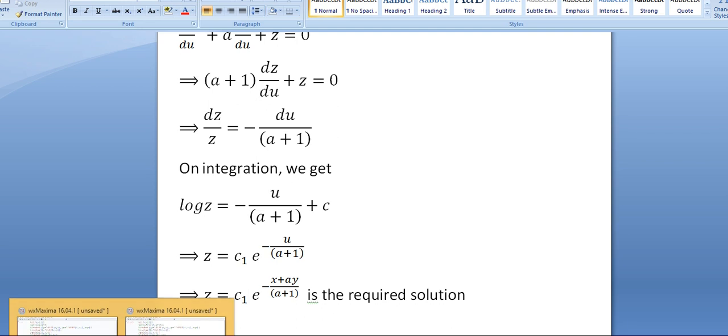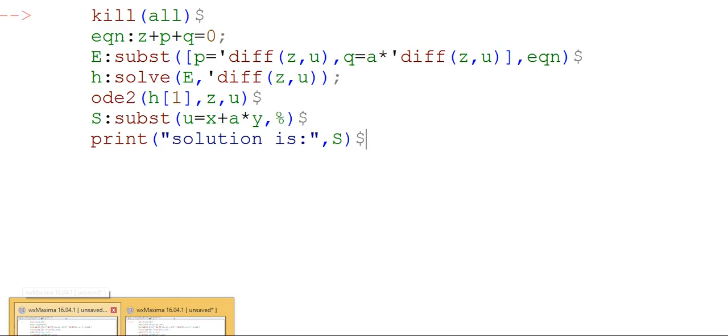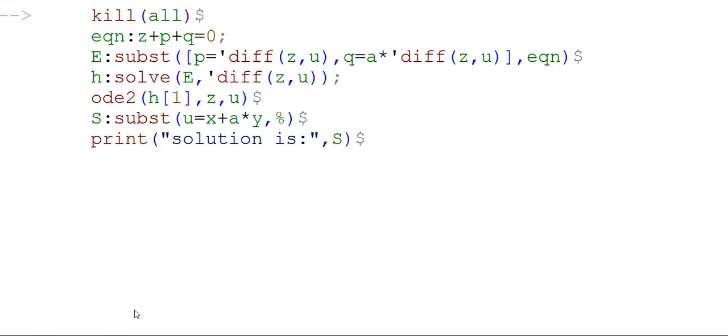Now let us take the Maxima program of this. Here in Maxima, first we have to start with the kill(all) command. Kill all will cancel all the previous terms that are present, that is any equation, numbers, any parameters that are present there. So start from kill(all), and I call the given equation as eqn.